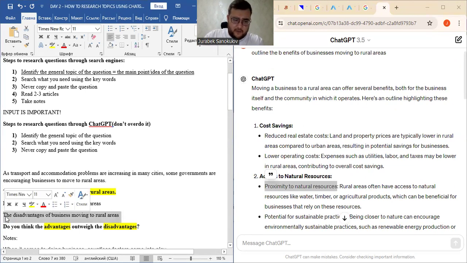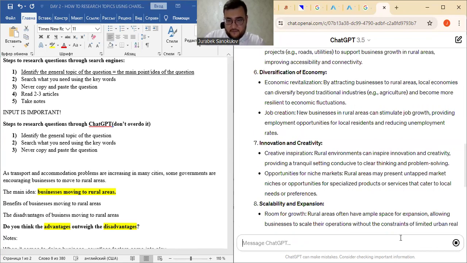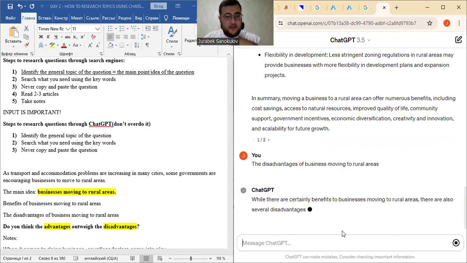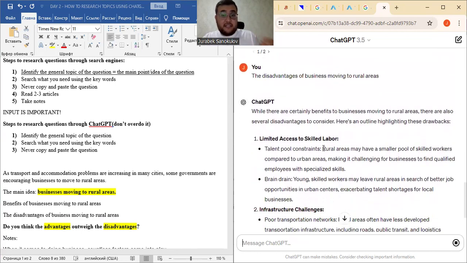Let's just say do some research before you. Now, you're going to send another question. The another key point, yeah, key thing. So limited access to skilled labor. Labor basically refers to people who work for your business.